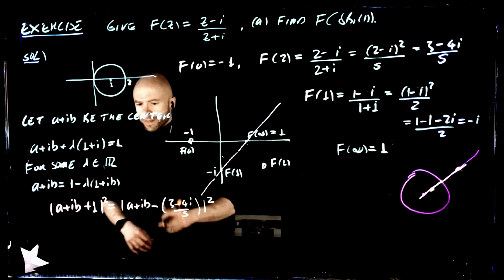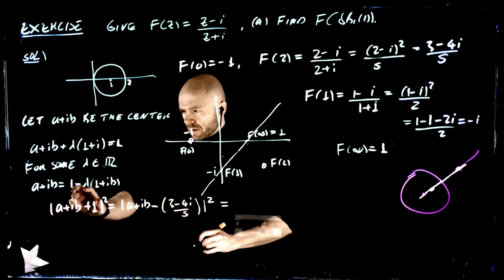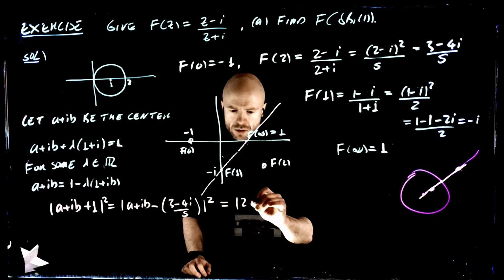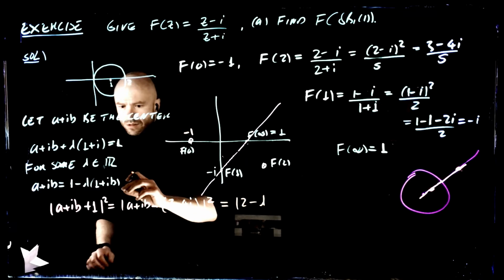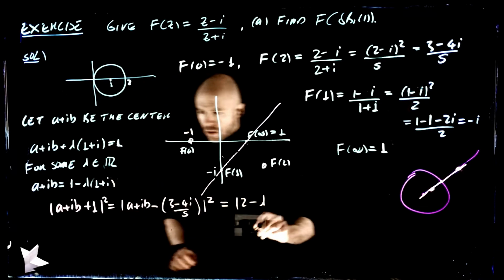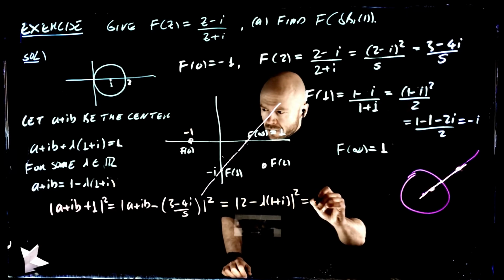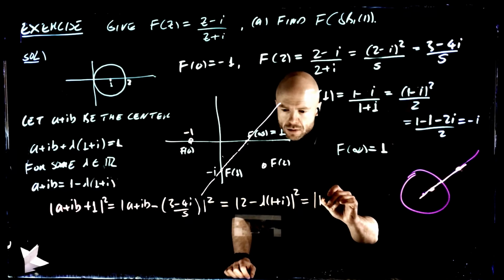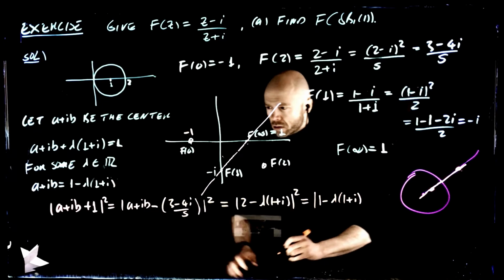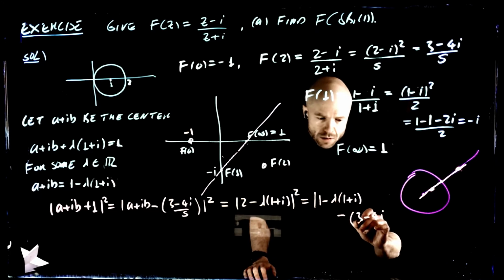So then we can put in our lambda. So then we're going to have this thing here. We're going to have 2 minus lambda. What is this? There's no B here. Like this, squared. And then this is 1 minus lambda times 1, like this. And then minus this stuff here over 5.